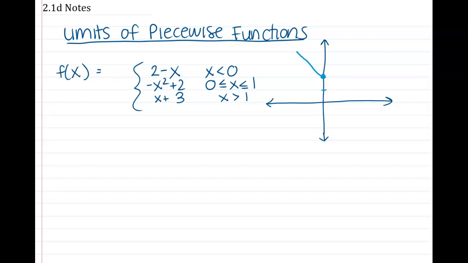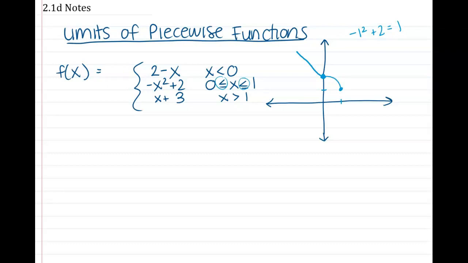And then for negative x squared plus 2, we're going to 1. So if we plug in 1, negative 1 squared plus 2 equals 1. So we'll have the point 1, 1. And these are both less than or equal to, so that's closed, and we'll just curve it, and it'll look something like that.